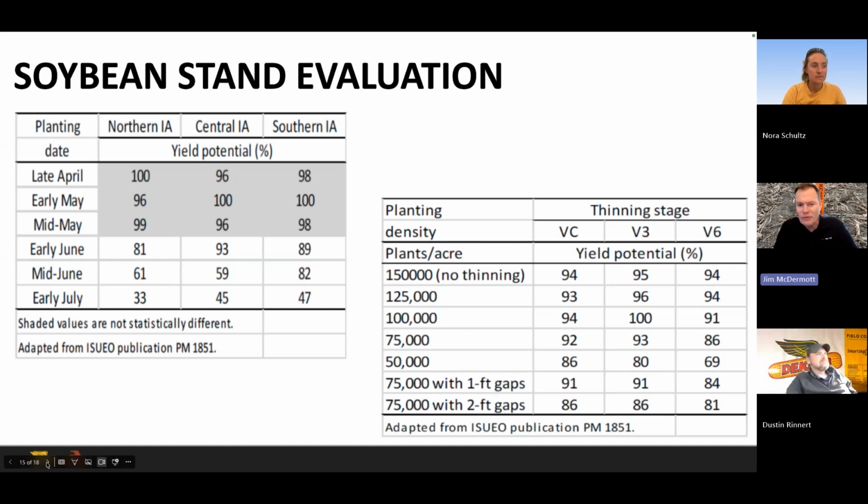As far as that cutoff, I like 80 to 90,000 on the low side. But you've got a lot of parameters that go into that. If you're in the Des Moines lobe and you've got high pH, or you've got some variable ground, lighter ground, I'm not real comfortable with 80,000 in those scenarios.